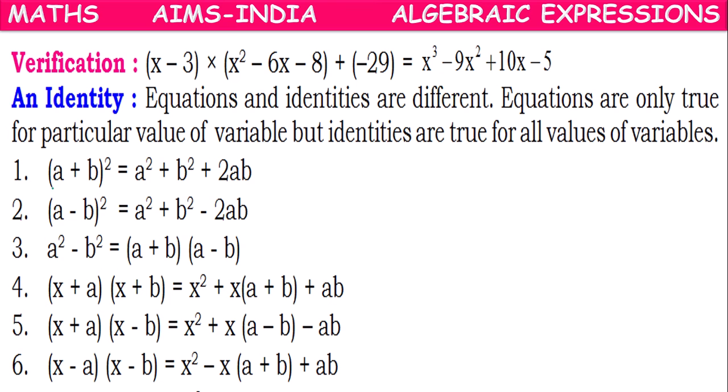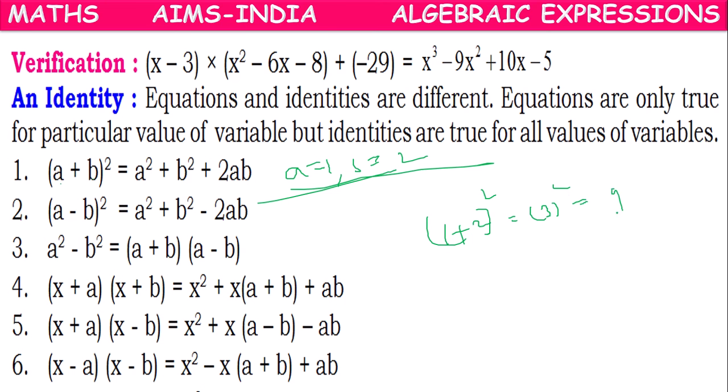Whereas you have a formula like this: a plus b whole square equal to a square plus 2ab plus b square. Let's take a value 1, b value 2 and cross check the answers. A value 1, b value 2. 1 plus 2 whole square. 1 plus 2, 3 whole square. 9.